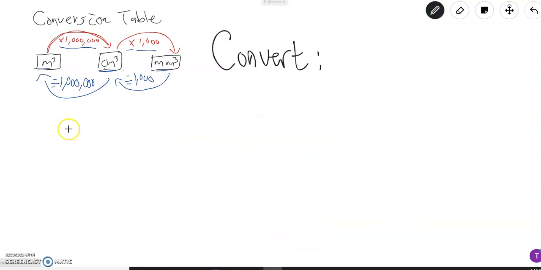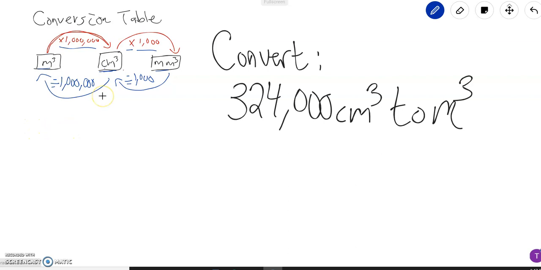Let's do one more question. Let me pop it up for you. So our next one, we have 324,000 cubic centimeters to cubic meters, the biggest one. So it shouldn't take that many cubic meters, because a cubic meter is much greater than a cubic centimeter.